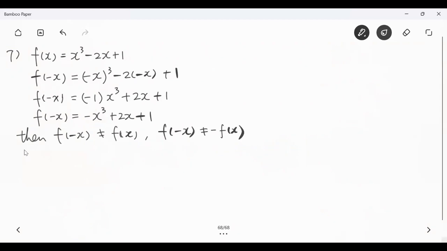If we put the negative on the original right side, it's negative x cubed plus 2x minus 1, right? So it's not the same as that, okay? Then we get the solution: it is neither.